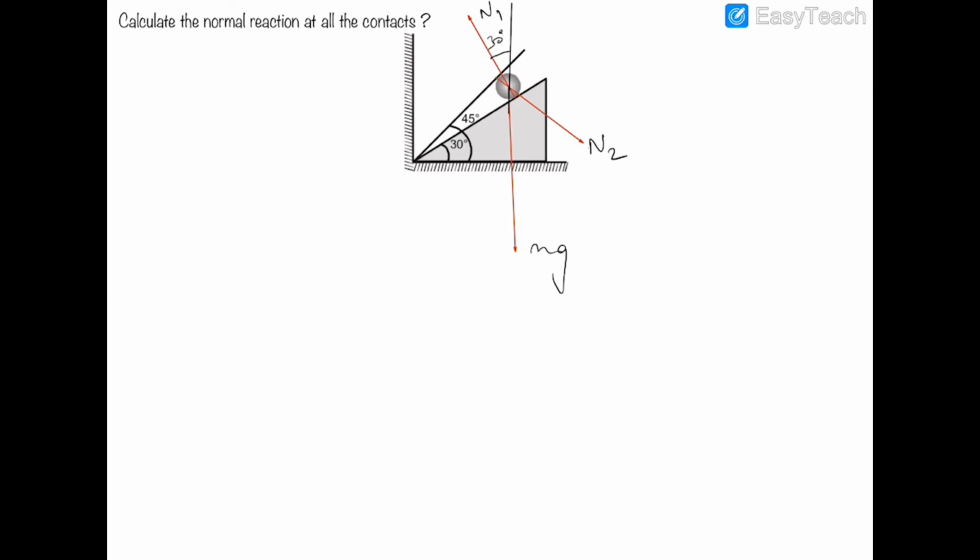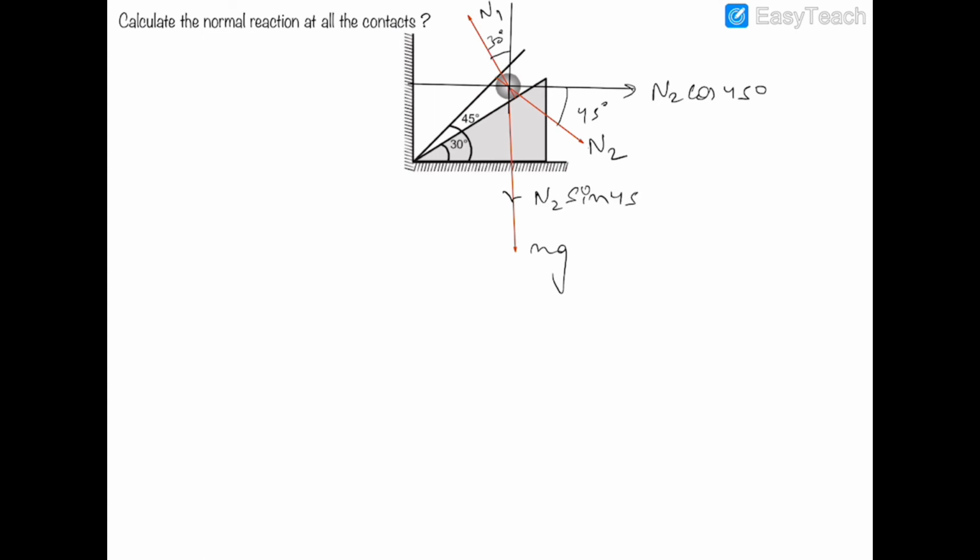And for N2, it is obvious that all the angles would be 45 degrees, either with the vertical or with the horizontal. So if I draw the horizontal line, the angle of N2 will be 45 degrees. So the x component will be N2 cos 45 and the y component will be N2 sin 45.